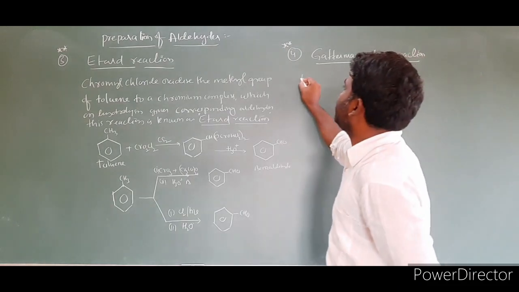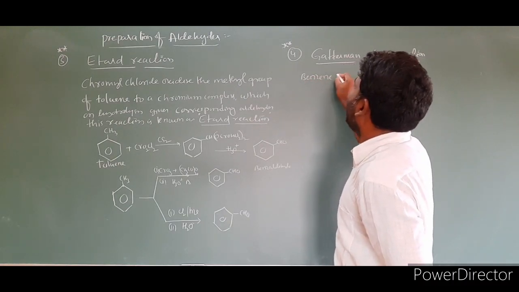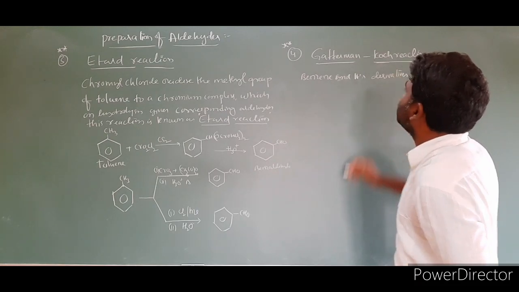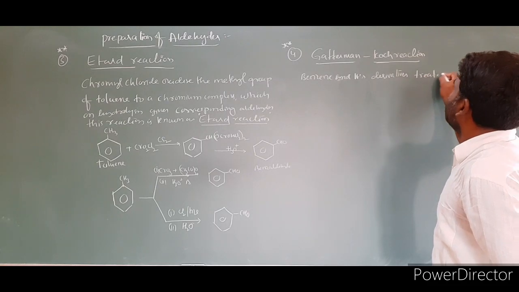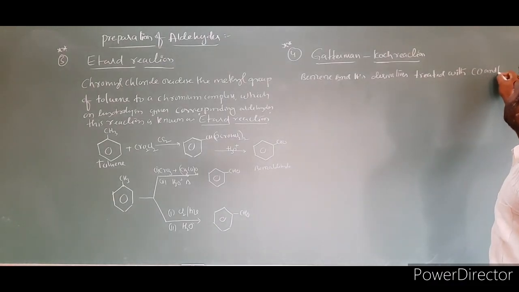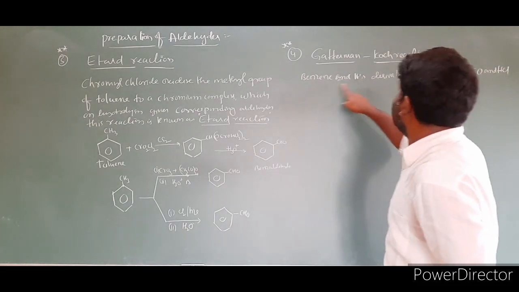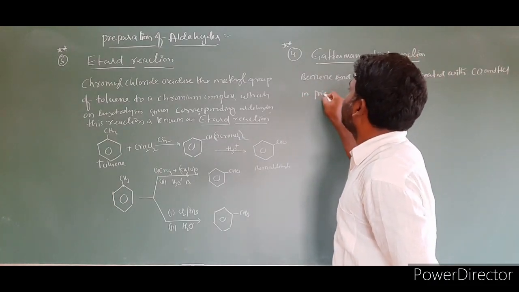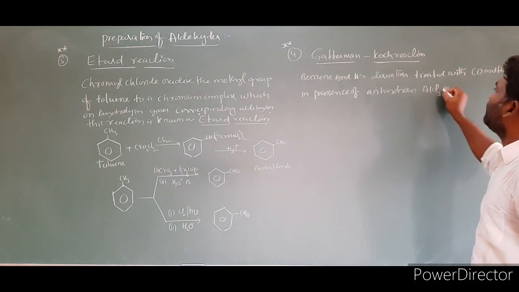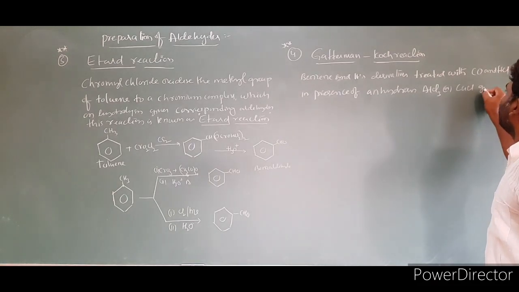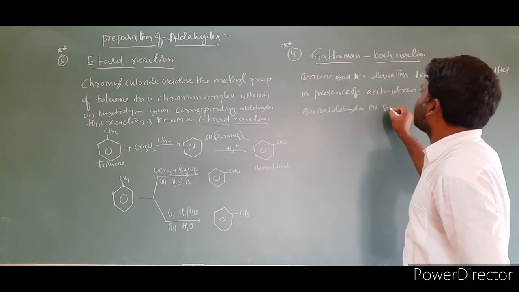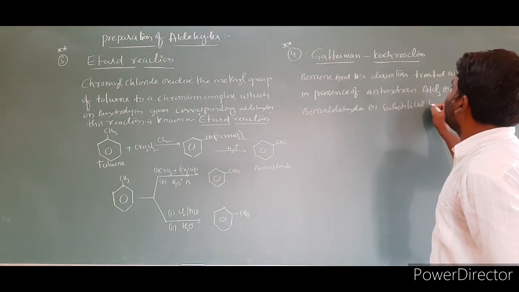First, let us write the statement. Benzene and its derivatives are treated with carbon monoxide, CO, and HCl in presence of anhydrous AlCl3 or CuCl, giving benzaldehyde or substituted benzaldehyde.